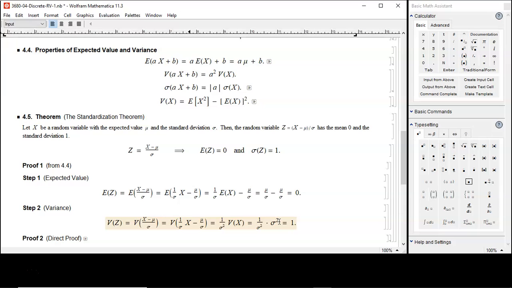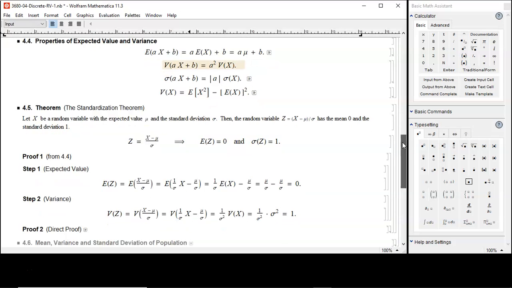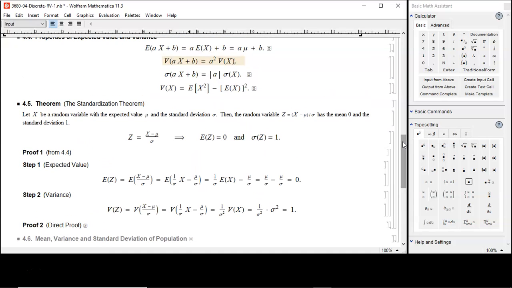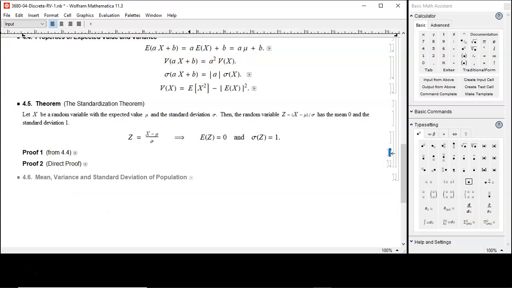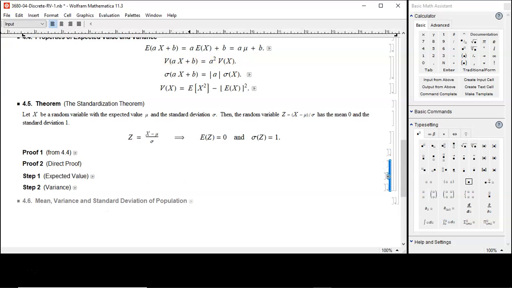So 1 over sigma squared times sigma squared, that's 1. So I can use this one for expected value, this one for variance. And it works, but then again, in order to do this, you have to do those first, and they were time consuming. Now what about the direct method?